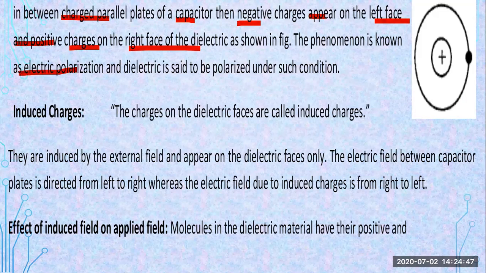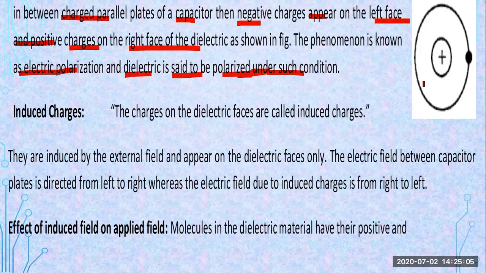It happens due to the electric field between the two charged plates, and the dielectric is said to be polarized under such conditions.